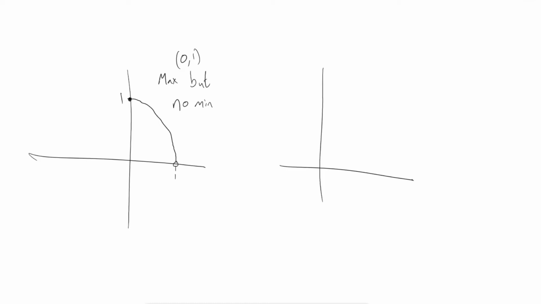And if we look at a different graph, so this one was 1 minus x squared. This one is x cubed minus 3x, and we have to have a domain as well.